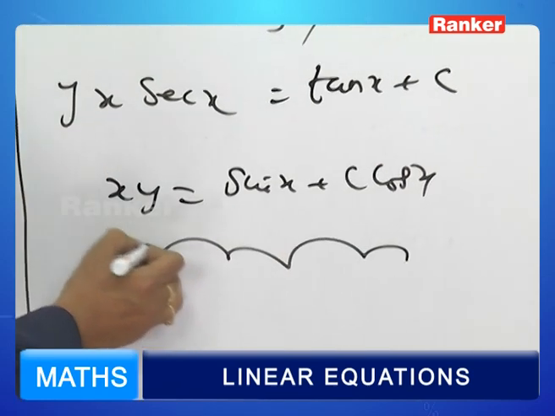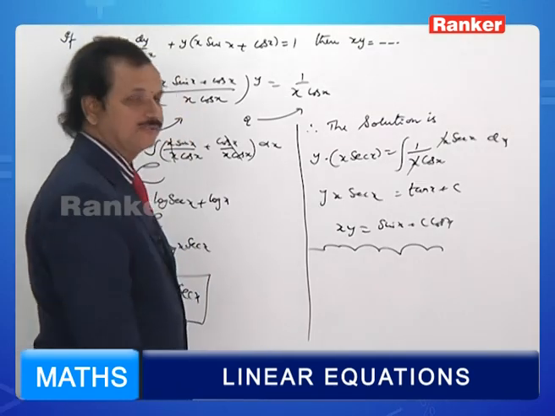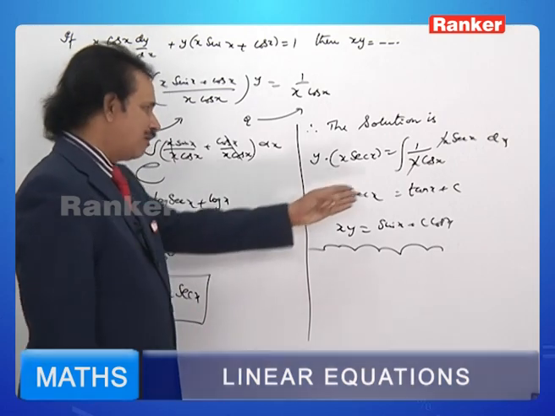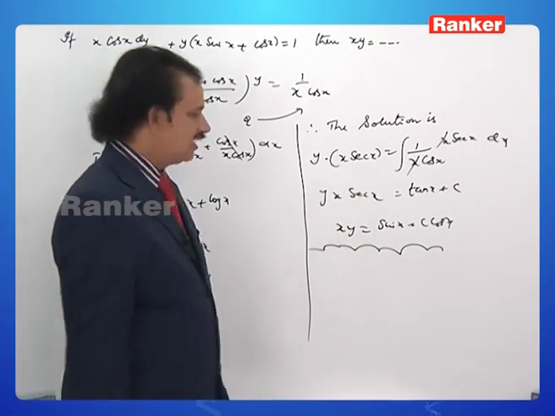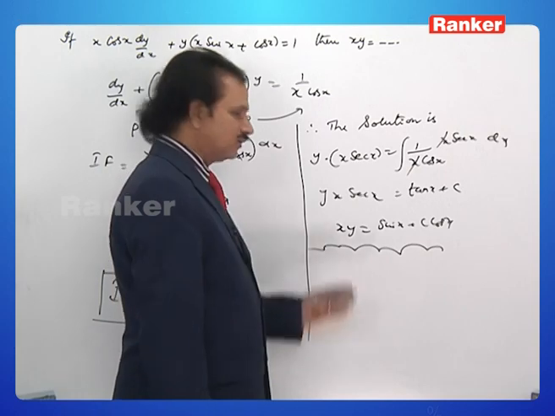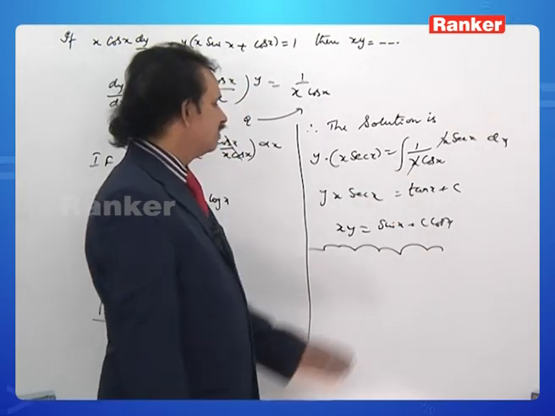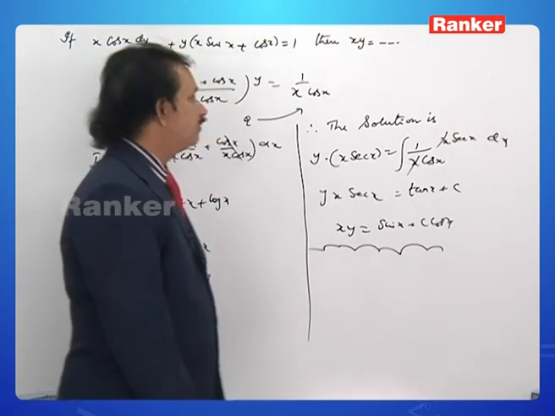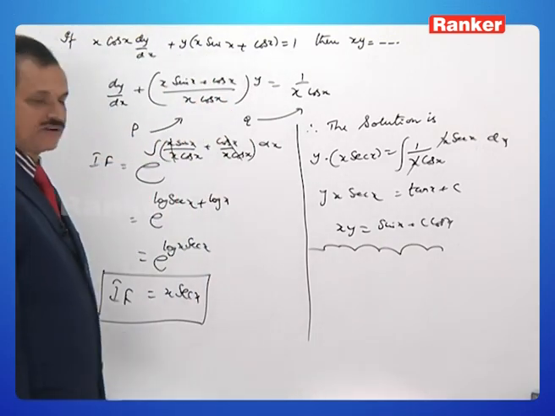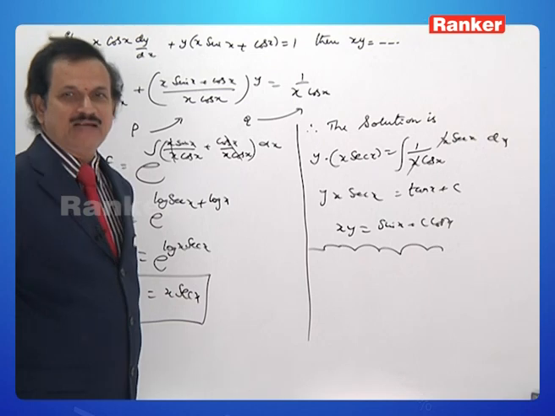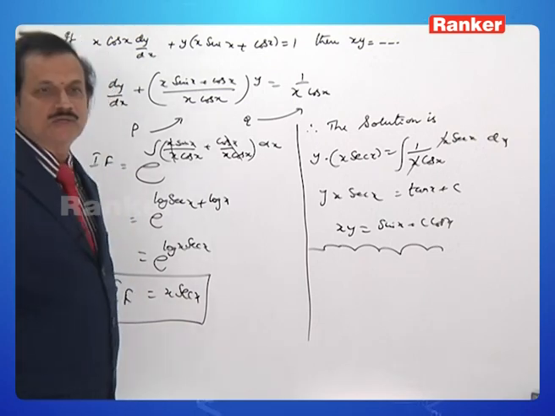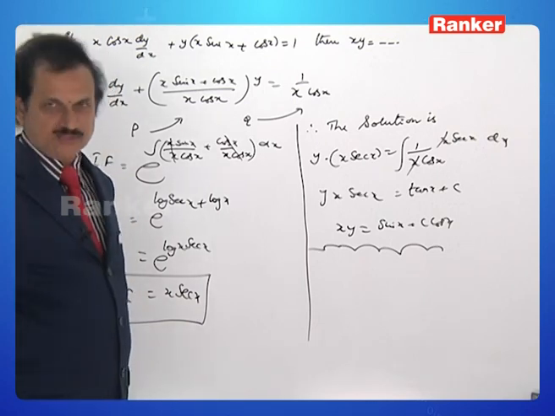That's all. This is the required one. I have multiplied throughout the equation with cos x. Cos x into secant x is 1, so this is xy. And tan x into cos x is of course sin x, plus c cos x. How simple it is. With no strain and pain, we are able to have the answer. xy is equal to sin x plus c cos x is the answer.